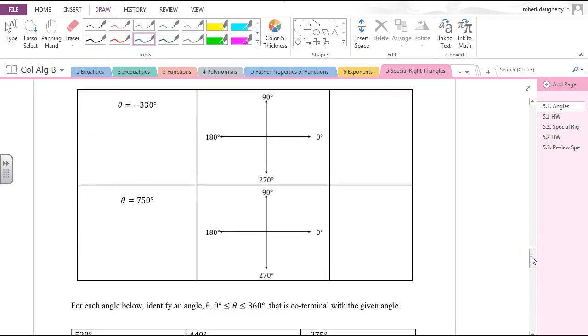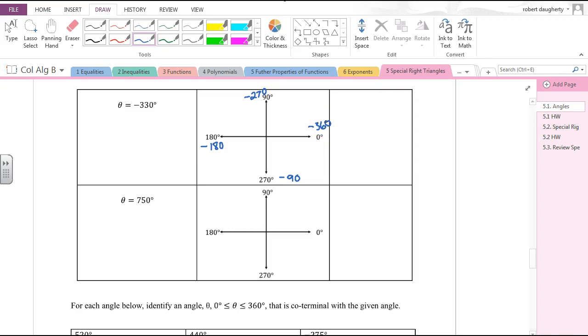Negative 330. First of all, what's a complete revolution? 360. So this is less than a revolution, right? So here's 0, minus 90, minus 180, minus 270, minus 360. Where's negative 330 going to put me?